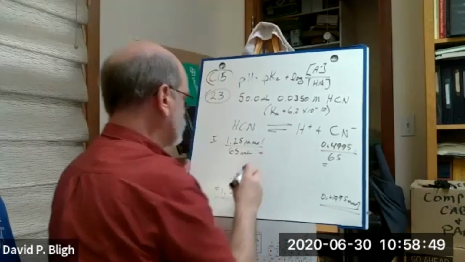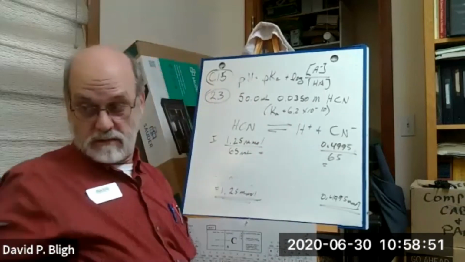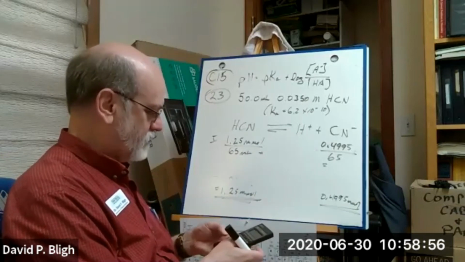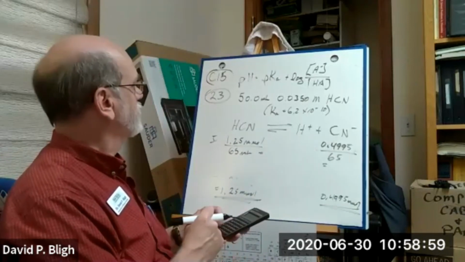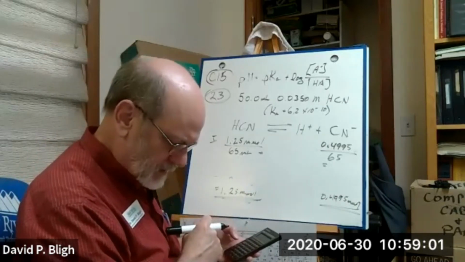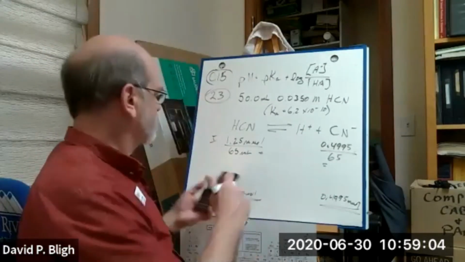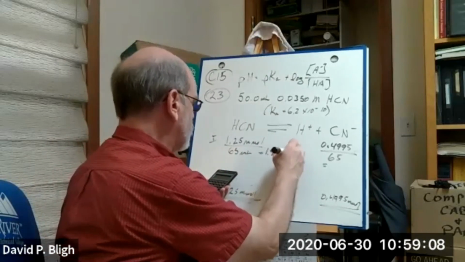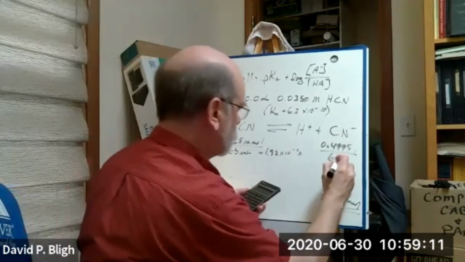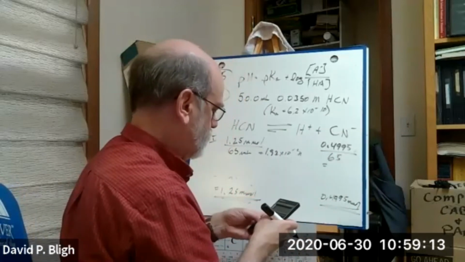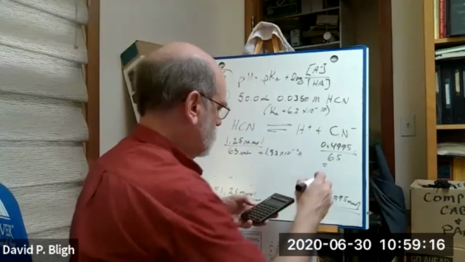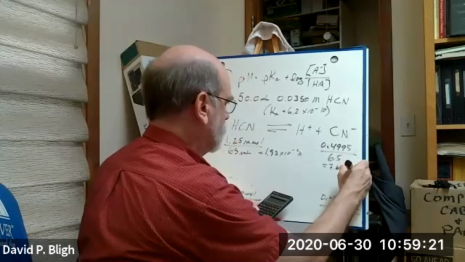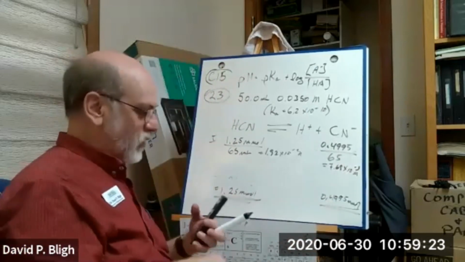So the initial concentration there is 1.25 over 65, did I do that right? Yes. Is 1.92 times 10 to the minus 2 molar. And this one is 7.68 times 10 to the minus 3 molar. Okay, now we have our starting points for the equilibrium.